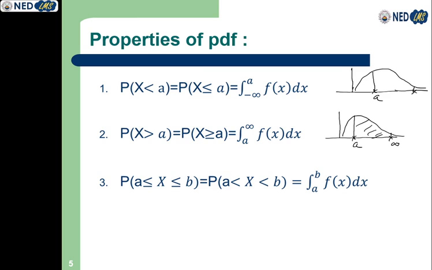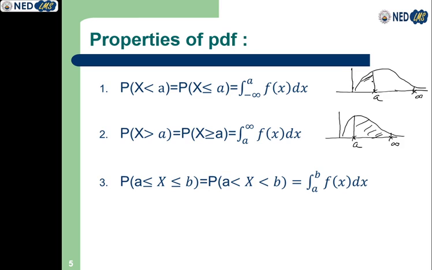This is the graph method for the condition. So you are going to find the probability that x is less than or equal to a. This is a, and we are going to find the region less than or equal to a.